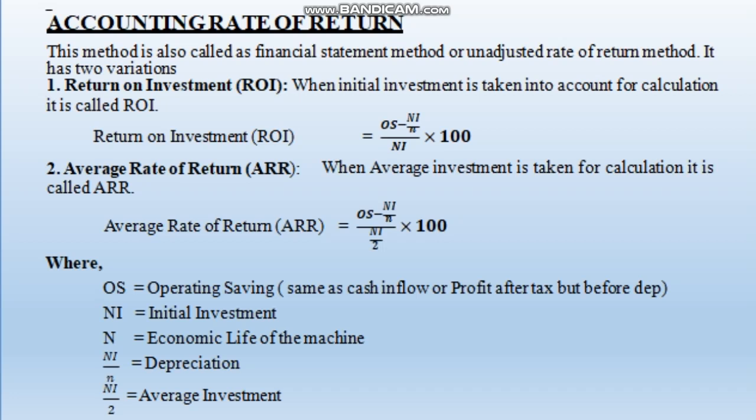NI is the initial investment. N is the economic life of the machine. NI by N is the depreciation. NI by 2 is the average investment. In this method, various projects are ranked on the basis of rate of return, and the one with the highest rate of return is accepted.